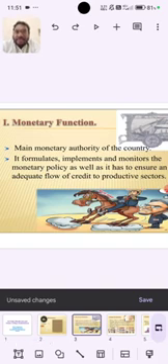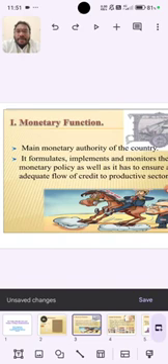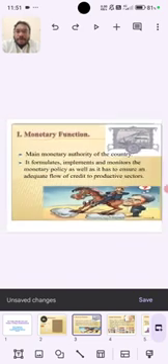The first monetary function: the main monetary authority of our country. It formulates, implements and monitors the monetary policy, and it has to ensure an adequate flow of credit to productive sectors.